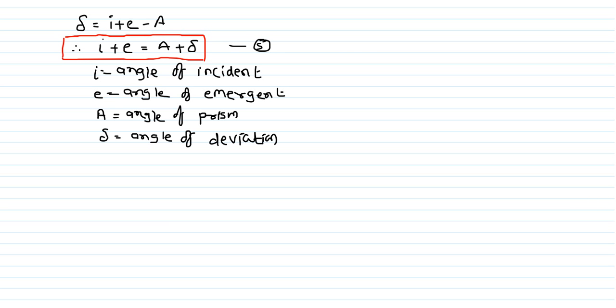Okay friends, so up to here, you can get a question: derive the relation between angle of incidence, angle of emergence, angle of prism and angle of deviation, right? Then you have to derive up to here.